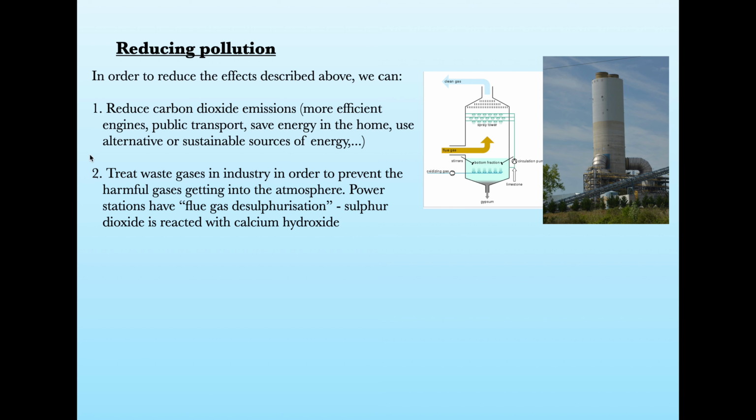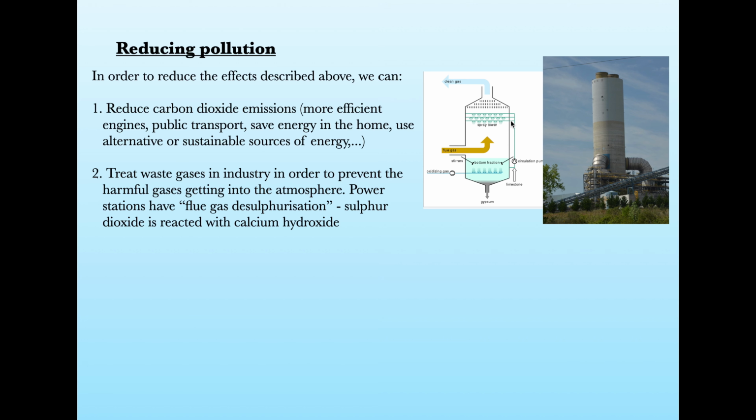And also we've got to make sure we treat any waste liquids or gases in industries so that they don't just go into the atmosphere. Power stations have something called flue gas desulfurization. The sulfur dioxide is reacted with calcium hydroxide or other bases. So for example, look, this is the gas coming from the chimney. There's a spray here. The limestone is used in this case.